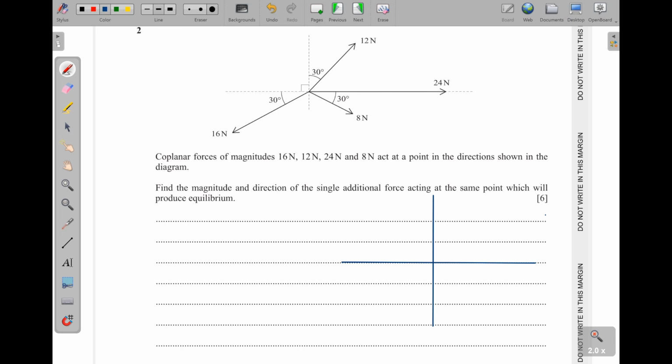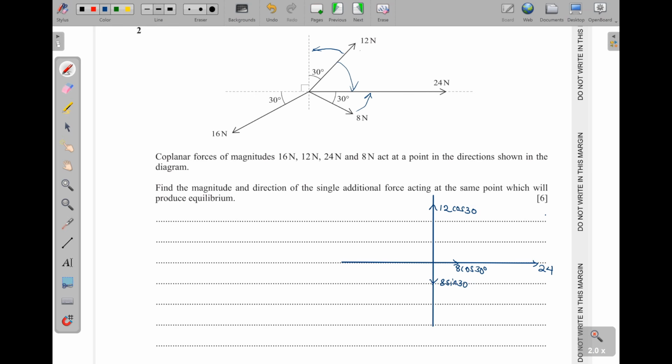When we check here, there is 24 newtons. Now, resolve this one here. We shall get 8 cos 30 this way, and here we shall have 8 sine 30. Then this one here, close it here, we shall have 12 cos 30.